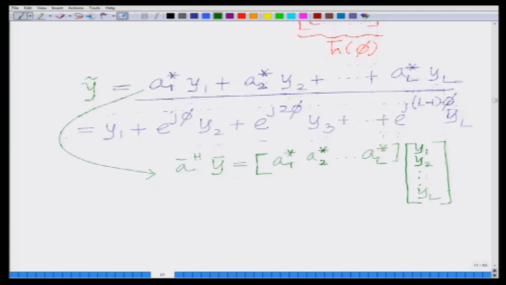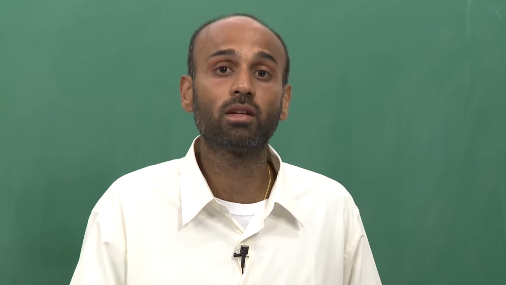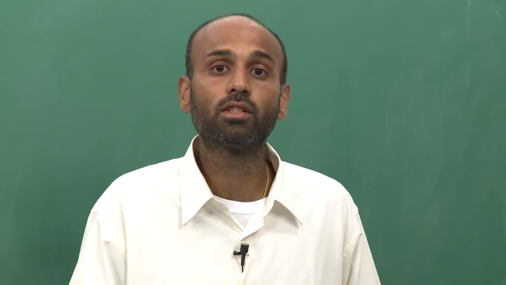This optimal combiner results in the maximum SNR. Remember, what is the maximum SNR? L times P over sigma square.